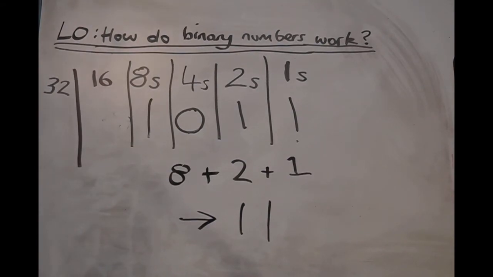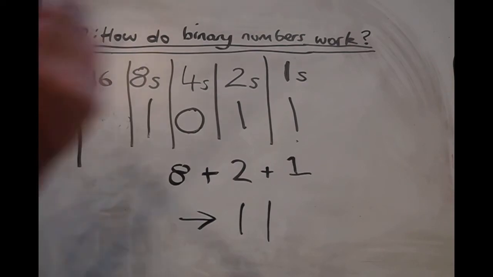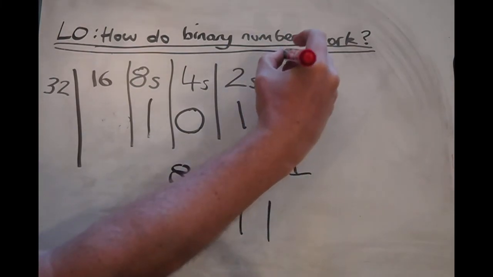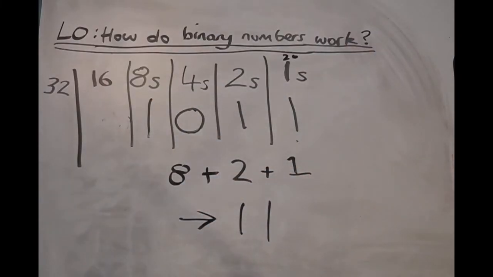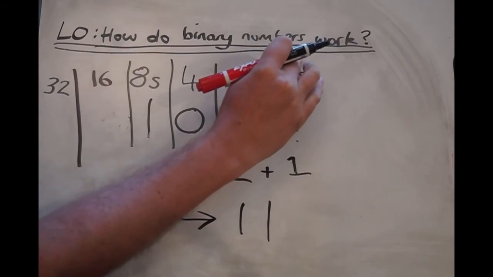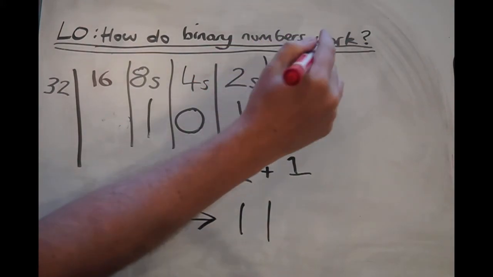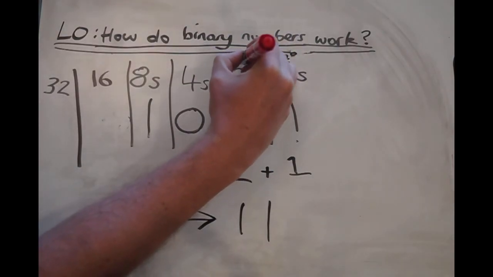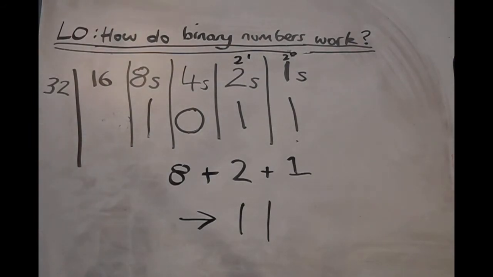And maybe you already know this, but if you don't, what you may have noticed is that these are all powers of 2. So this is 2 to the power of 0. Anything to the power of 0 is 1. This is 2 to the power of 1, which of course is 2.